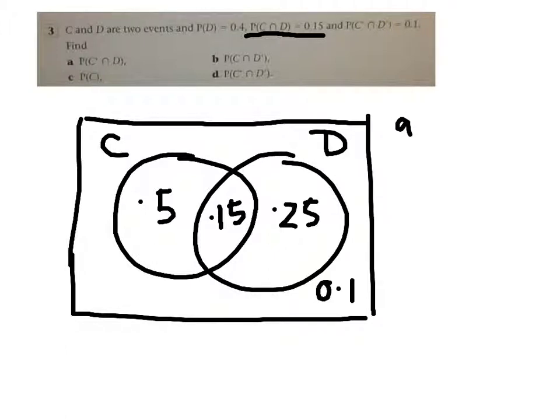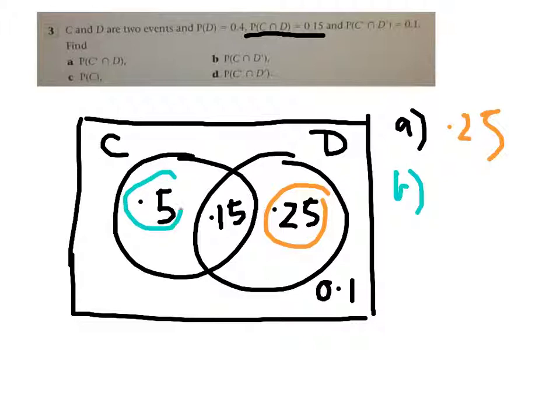So for part A, the probability I'm not in C and I'm in D, so go with colour here. I'm not in C and I'm in D would be this bit, so we're going for 0.25. Then for part B, I'm in C and I'm not in D would be this bit, 0.5.